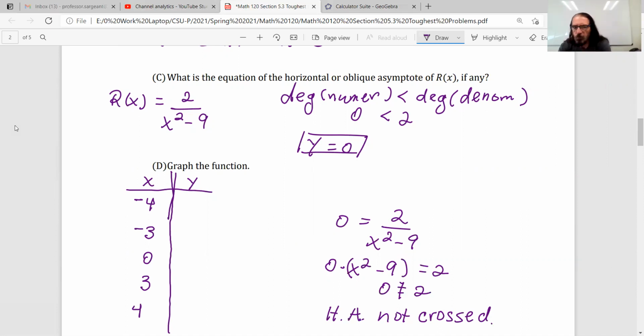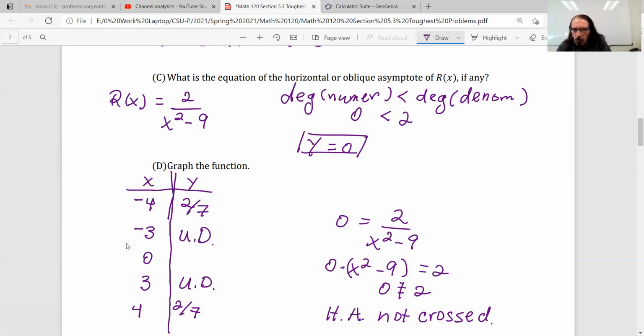The only special values of x that we found are negative 3 and positive 3. When we put in a 4 or a negative 4, squaring that would give us 16, and 16 minus 9 is 7. So there's 2 points. We know the special values, that we've got the vertical asymptotes, the function is undefined there.